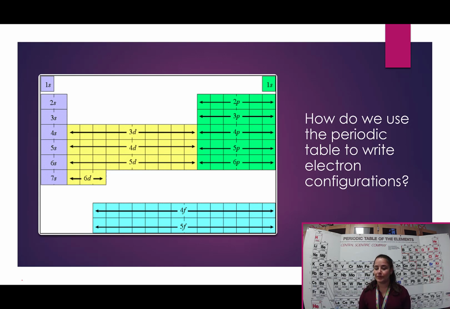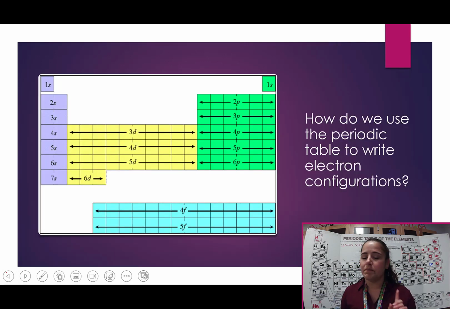When we write our electron configurations, we are going to read the periodic table from left to right until we get to our element. Again, picture this image in your head, and I'll overlay it as we go. Before we look at some examples, I want to point out one thing.